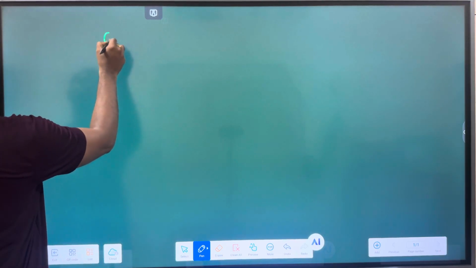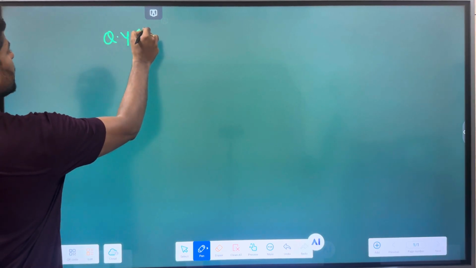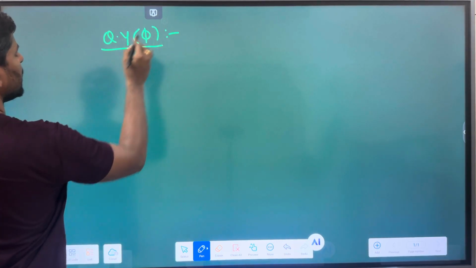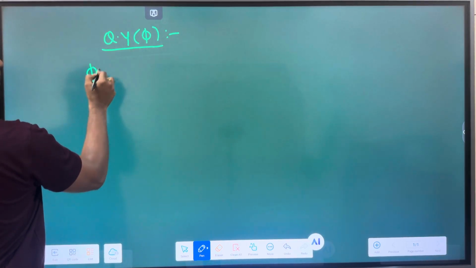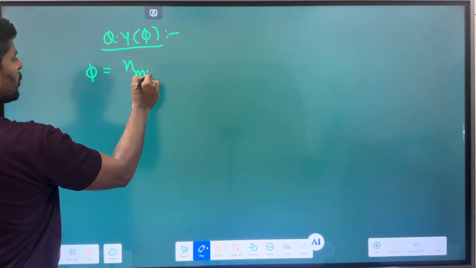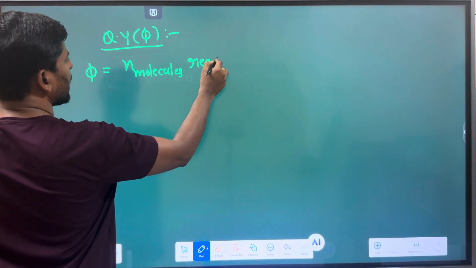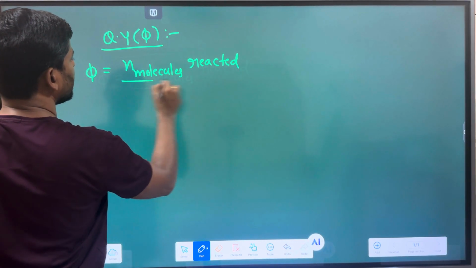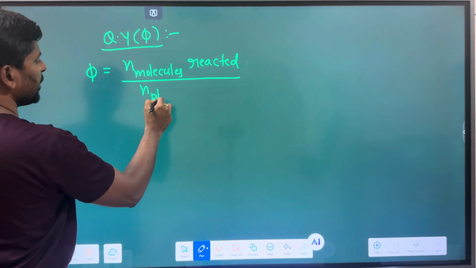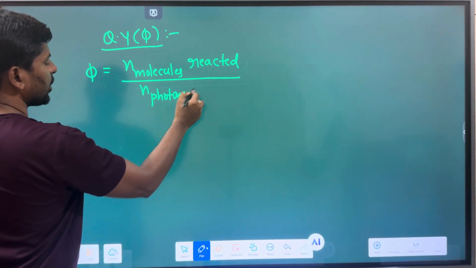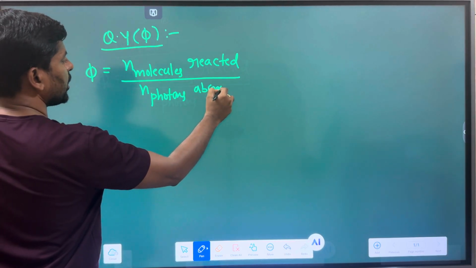And lastly, we have quantum yield. How do we give the quantum yield of a reaction? Quantum yield is the number of molecules reacted divided by the number of photons absorbed.